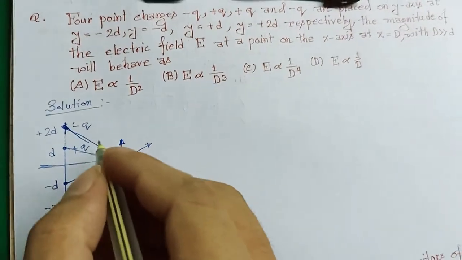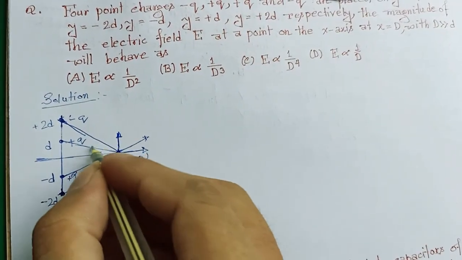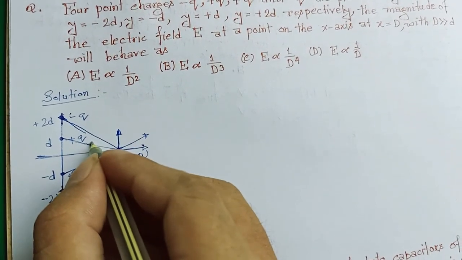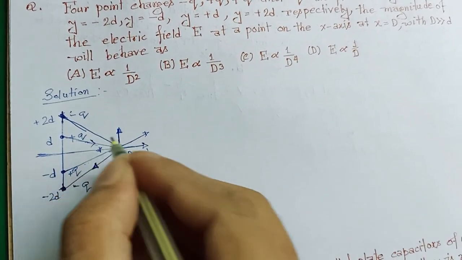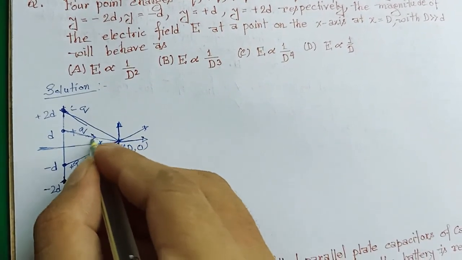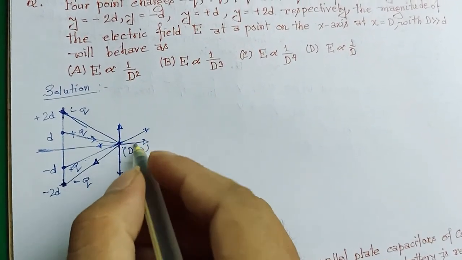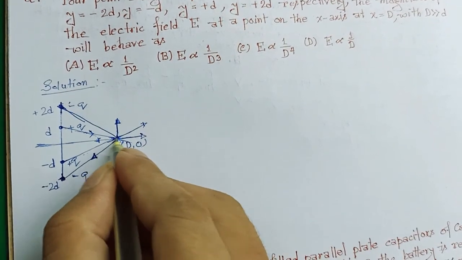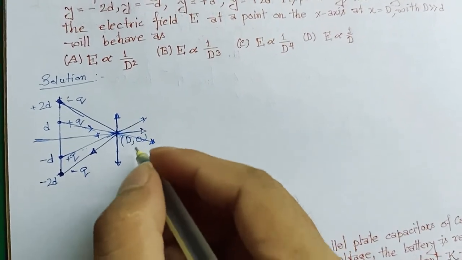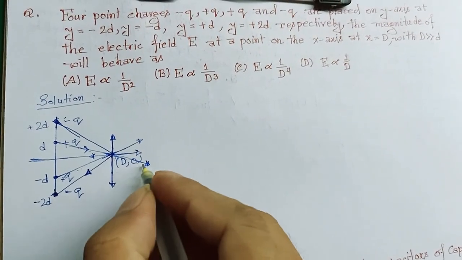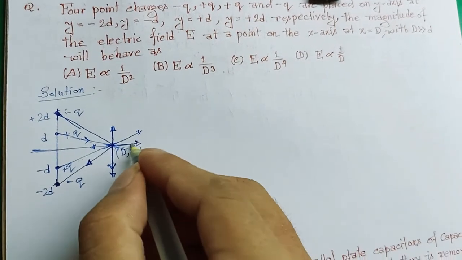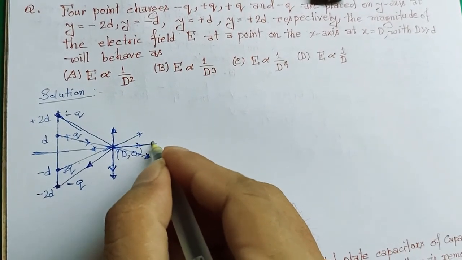Now again, for the electric field due to this charge plus q, the direction of the electric field will be outwards, in this direction. If we again divide this electric field into 2 components, there is one component of the electric field in this direction and another, the x component, in this direction.